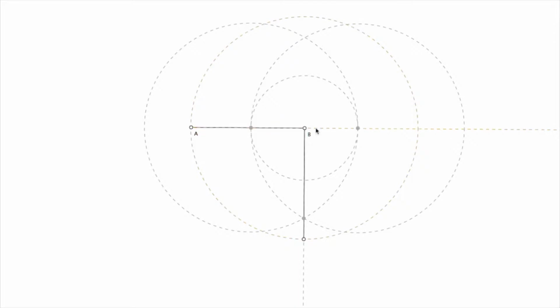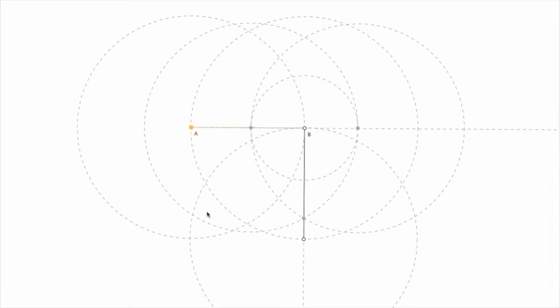I just need to imagine that this is a triangle and then copy the triangle over. I can do that by drawing another circle here. This gives me the length of this piece, and then if I draw another circle here, it'll give me the length here. And then I can join that, and there's my other point.